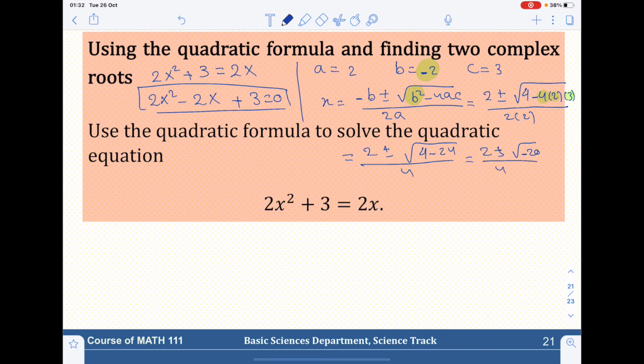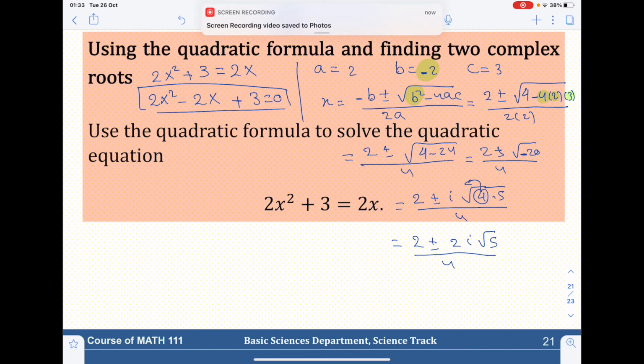Now the negative under the root, we can write as i. So 2 plus or minus i root 20. Root 20 is root of 4 times 5. The 4 comes out as 2, and the 5 remains. So I'm going to have 2 plus or minus 2i root 5 over 4.